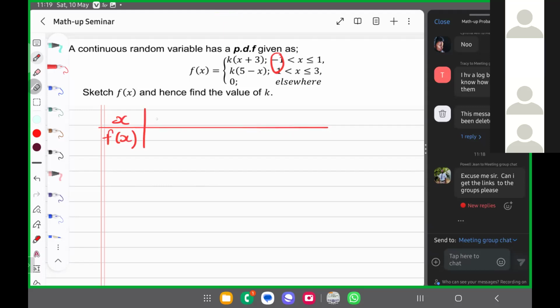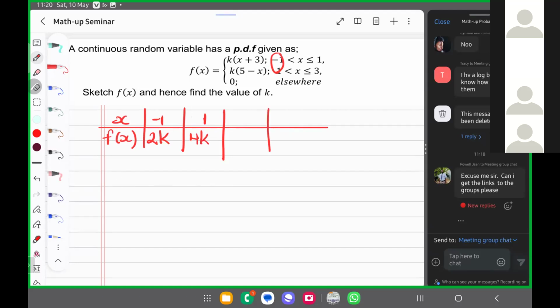So when x is equal to -1, I'll have to get the value of f of x by substituting for x here. When I put -1 here, I'll have -1 plus 3, which is 2. So f of x will be equal to 2k. Then when x is equal to 1, when I put a 1 here, I'll have 1 plus 3, which gives me 4. So I'll have f of x as 4k.